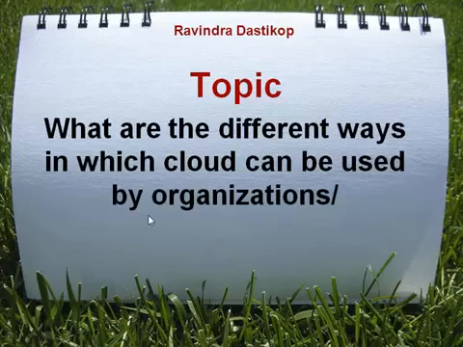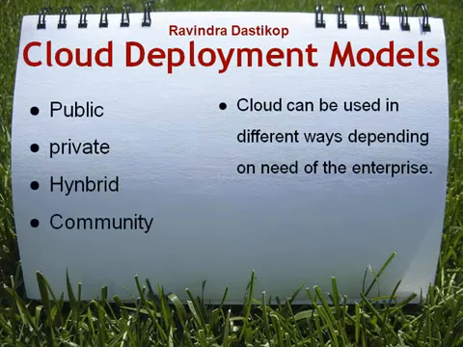In cloud computing, you can use cloud for different purposes, and that is called the deployment model. There are different ways in which cloud can be used, depending on the need of the enterprise.